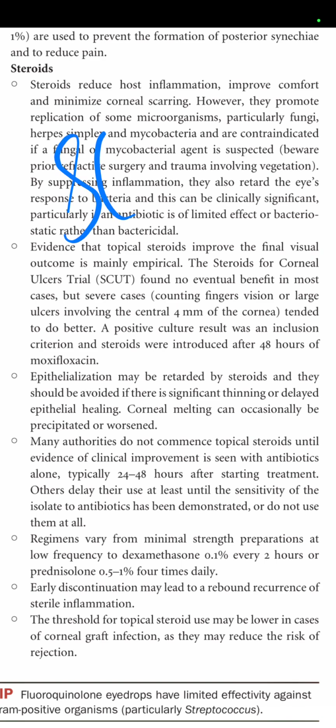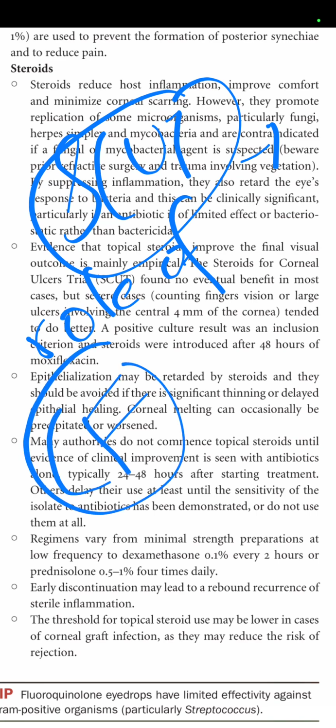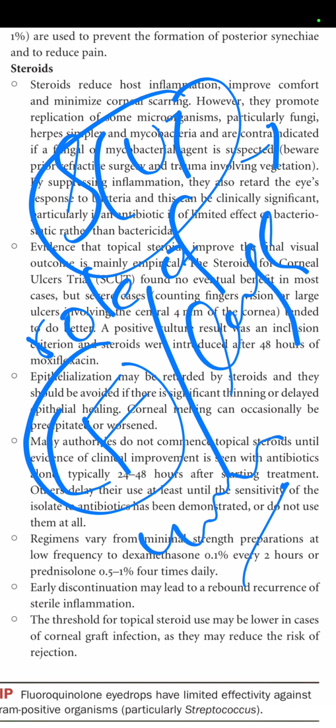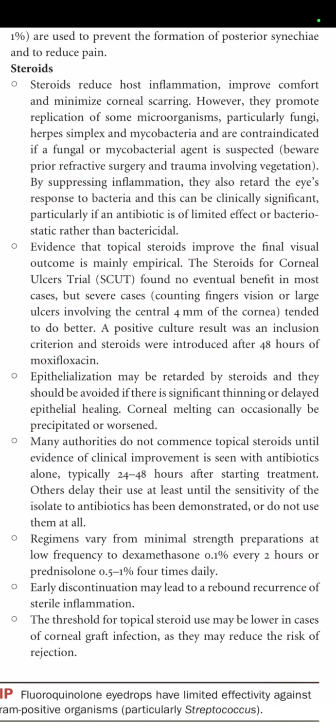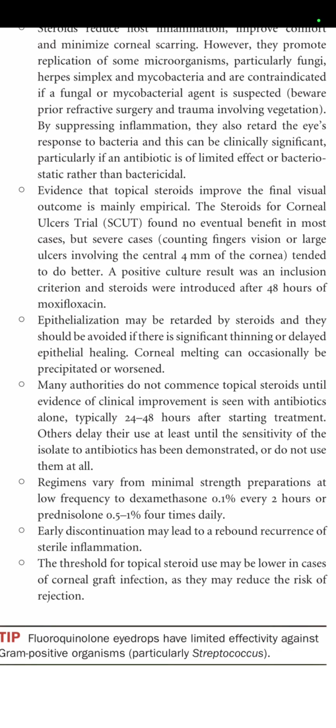So basically the SCUT trial was used to study the role of steroid in ulcers, and it showed no significant improvement, but in cases where the patient is counting fingers or there is a very large ulcer involving the central 4 mm of the cornea, it tended to be better. A positive culture result was an inclusion criterion, and steroid was introduced after 48 hours of moxifloxacin.